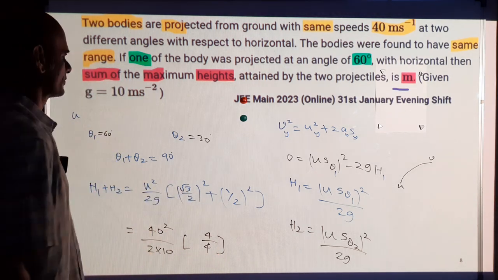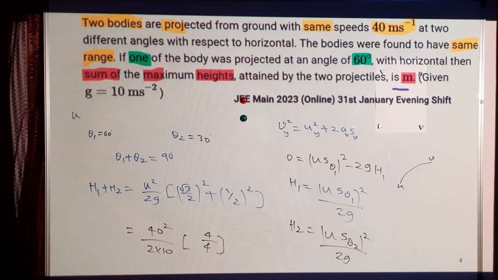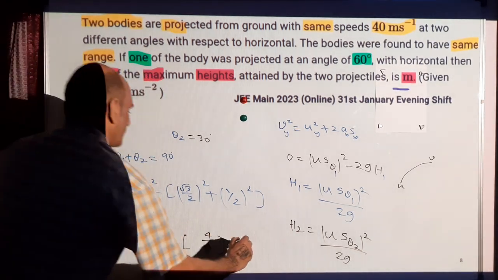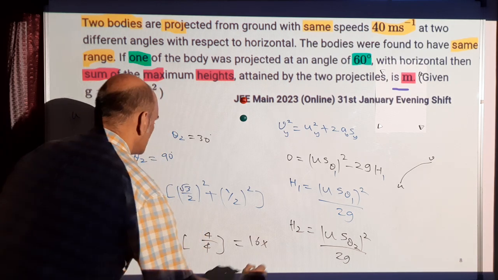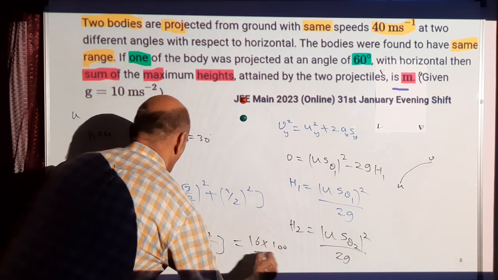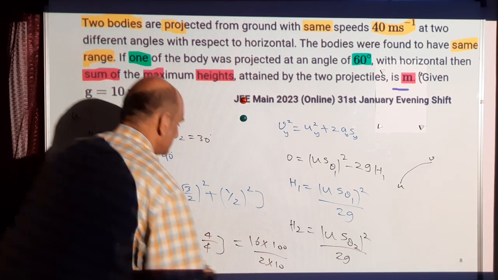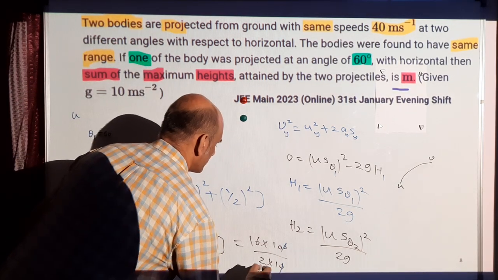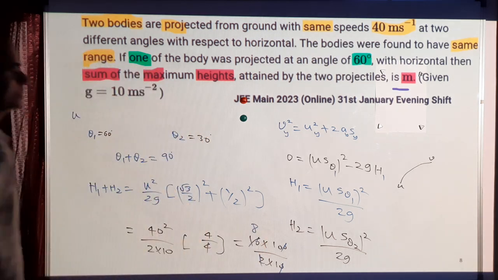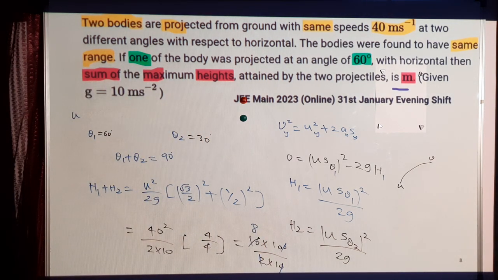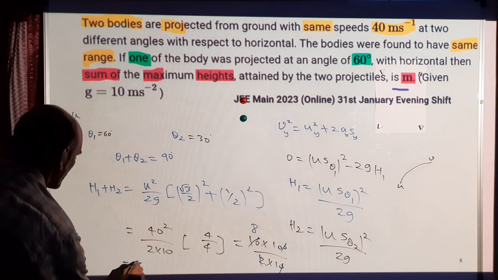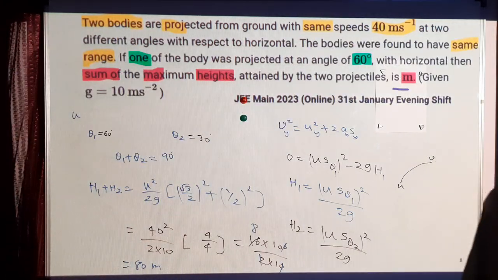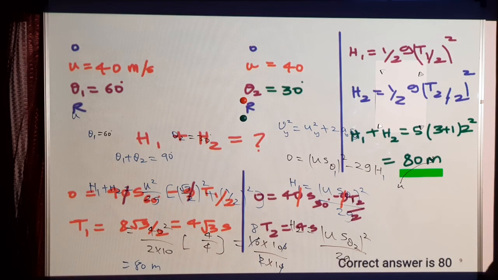This is 3 by 4 plus 1 by 4, it's 1. So 40 into 40, which is 1600, by 2 into 10. So 80 meters. Eighty is the correct answer.